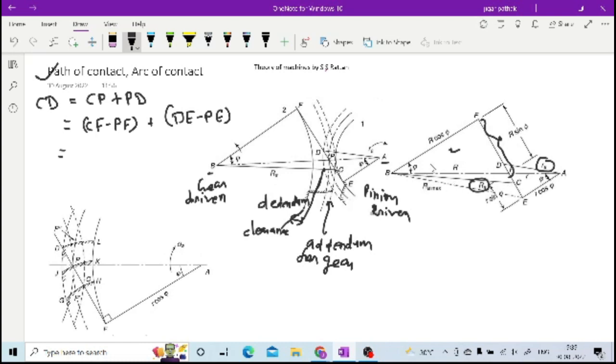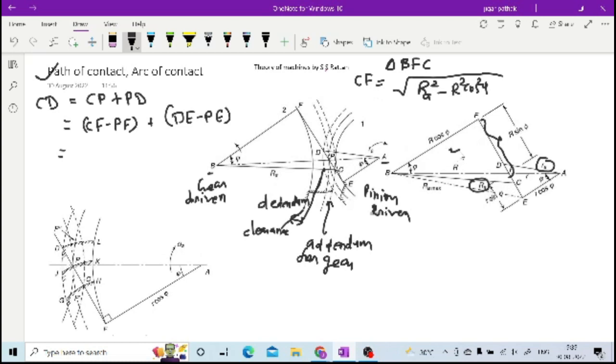If you consider the triangle BFC, then in that triangle CF is nothing but the square root of RA square minus R square cos square phi, because here you can see BC is RA, and BF is R cos phi.